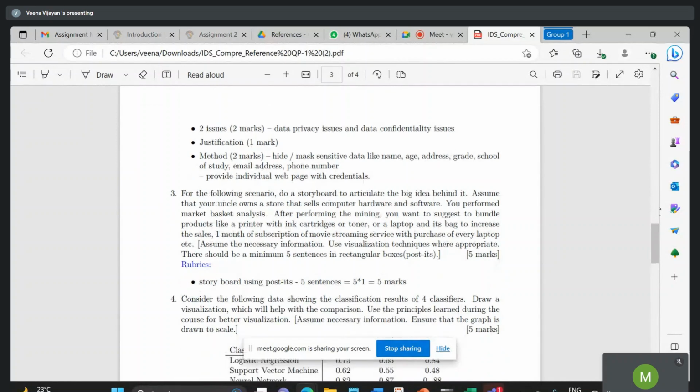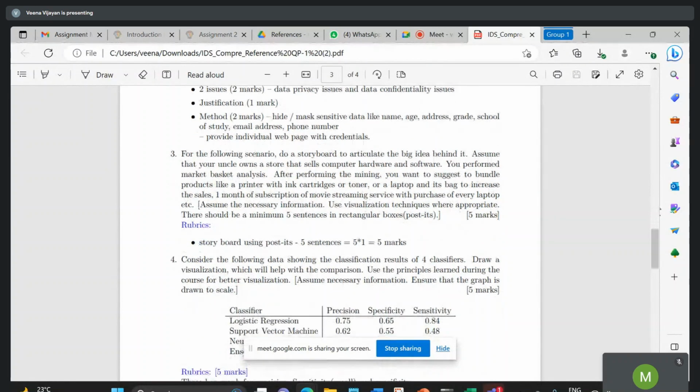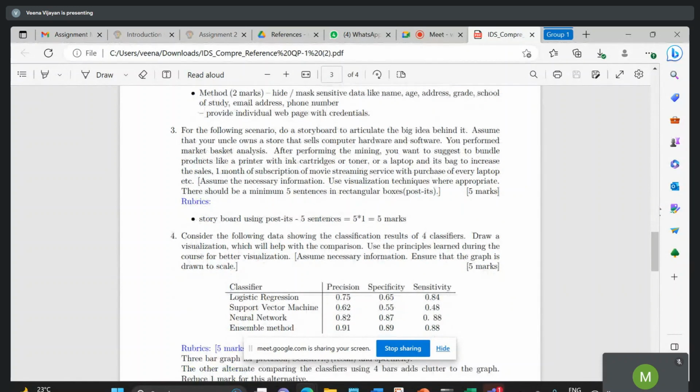For the following scenario, do a storyboard to articulate the big idea behind it. Assume that your uncle owns a store that sells computers and hardware. You perform market basket analysis. So from that itself, we know it's a grouping we are doing: when someone purchases something, what other products are they purchasing?